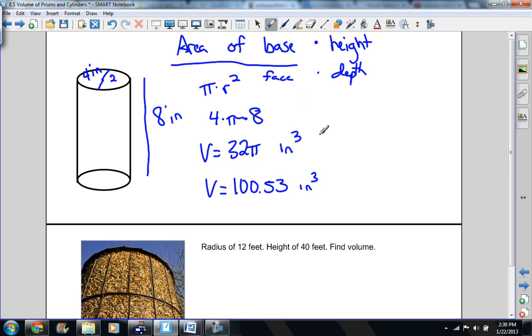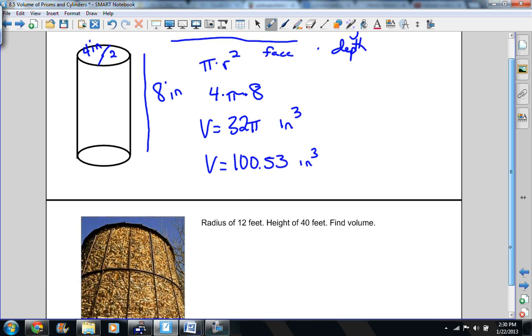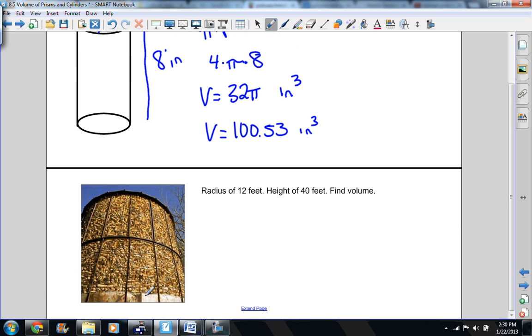Inches cubed. Once again, that's the area of the face times the depth, or an area of a base times the height, same thing. So down here, this thing has a radius of 12 and a huge height of 40. If the radius is 12, that means the area of that face is going to be 12 squared times pi. And then we have to multiply it times the height, which is 40. Well, this is a big number, but it becomes 144 times pi times 40.